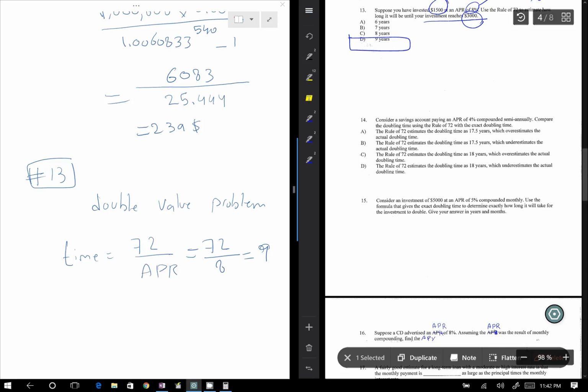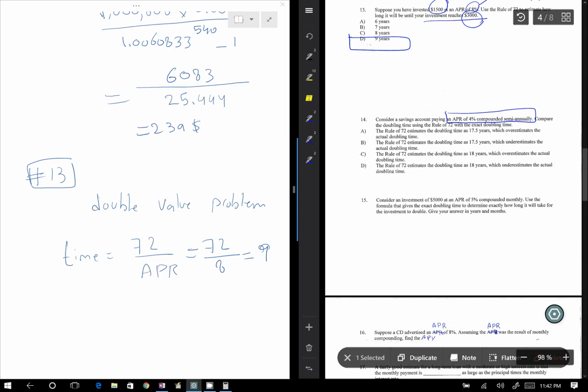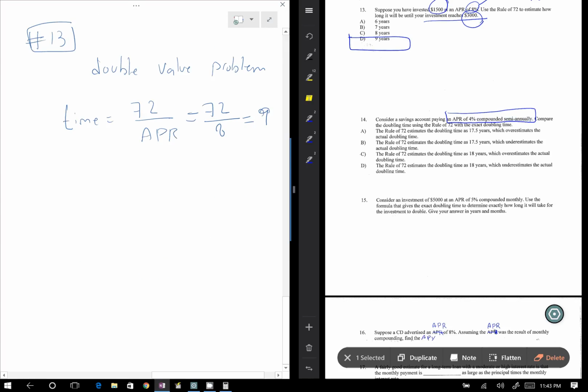Consider a savings account with an APR of 4%, compounded semi-annually. Compare the doubling time using the rule of 72 with the exact doubling time. Okay, so number 14.